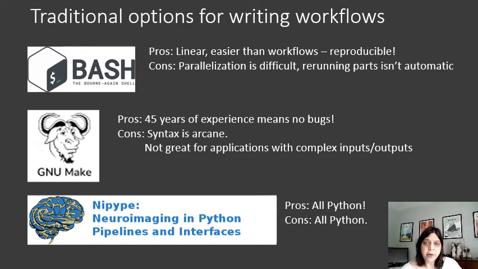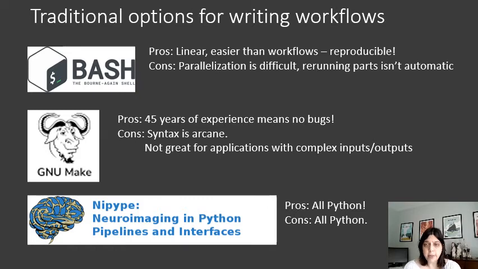The cons of this are that parallelization is difficult, although there are ways to do it. They're tricky and often not very portable across different architectures. And worse than that, rerunning specific parts of a script usually isn't automatic. It ends up being sort of stage 1, stage 2, stage 3. You're commenting out bits to rerun things that have to be done, or changing subject numbers or something like that. And it can be kind of a mess to do that in a general way.